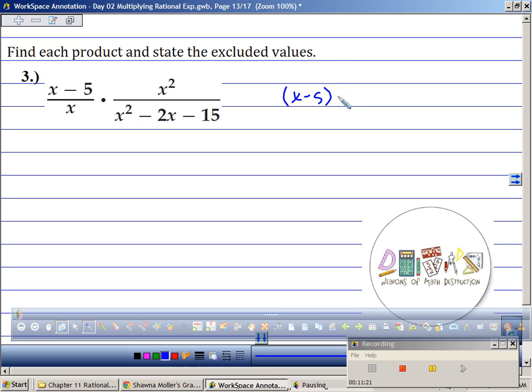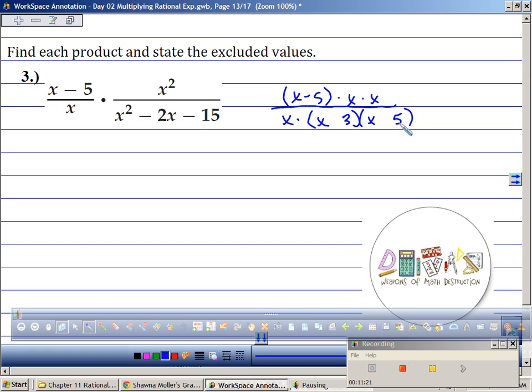I'm going to break up that x squared. How am I going to break it up? X times x. My denominator is going to be x times, this whole thing is going to factor out. Let's factor it. X times x. What two numbers when I multiply I get -15, but when I add I get -2?